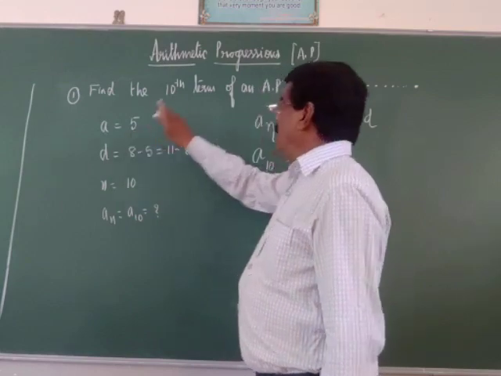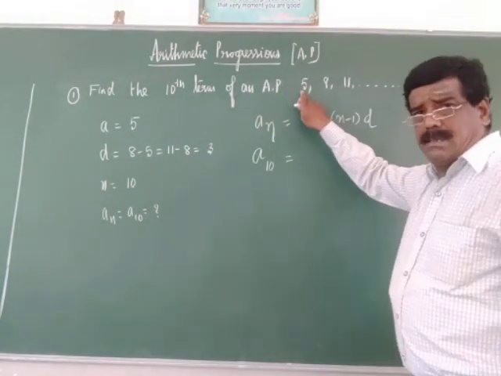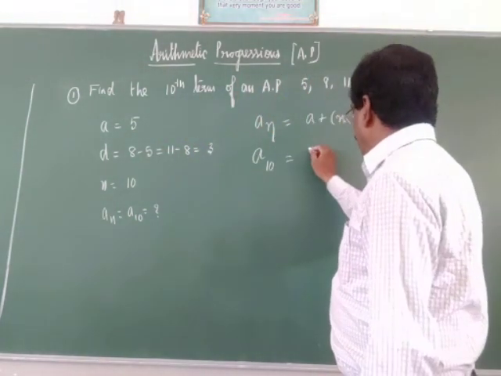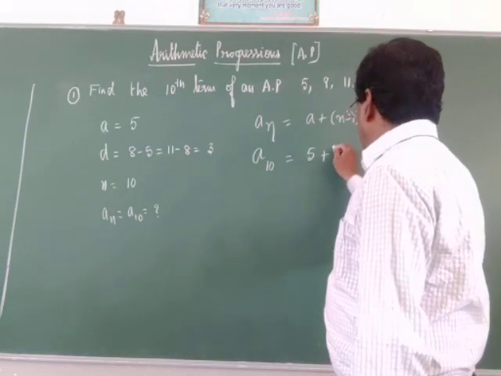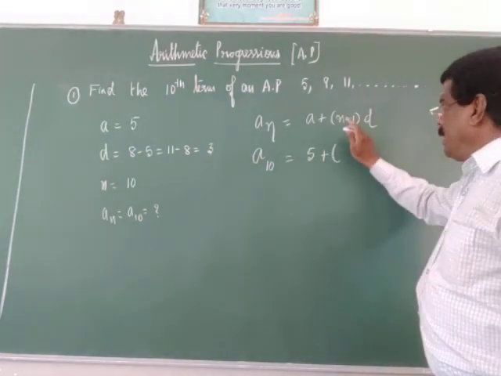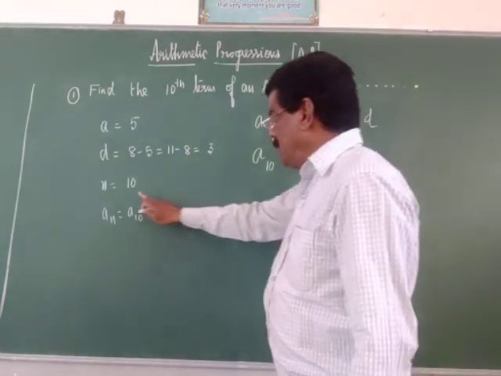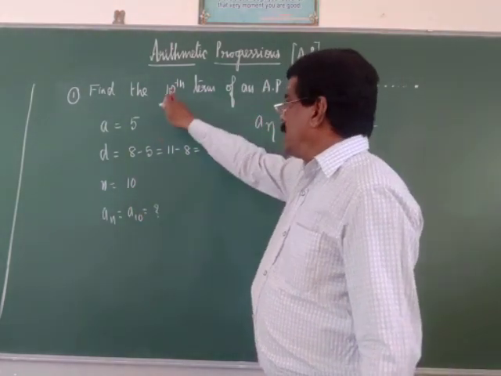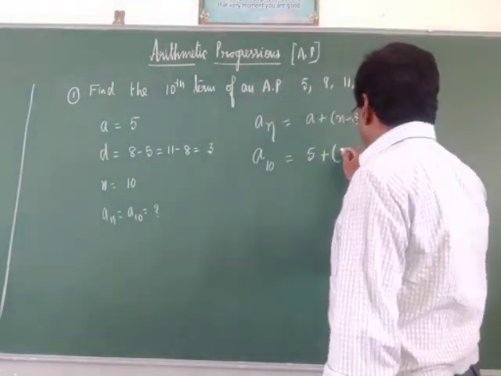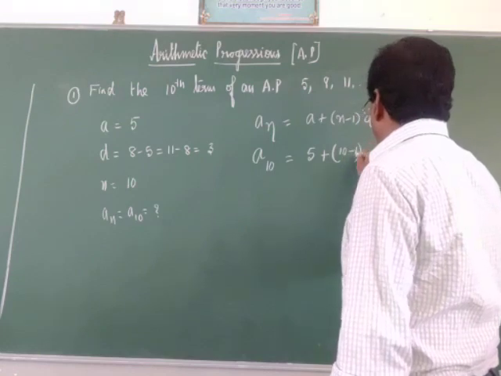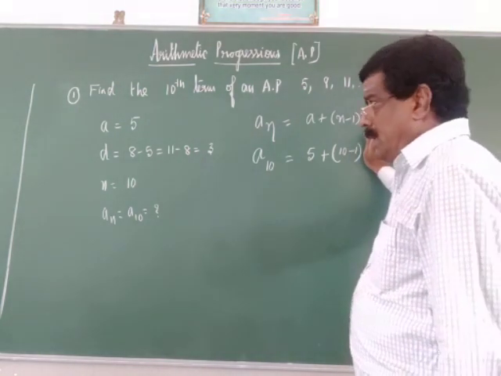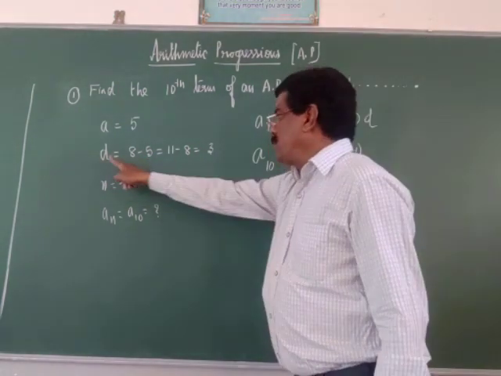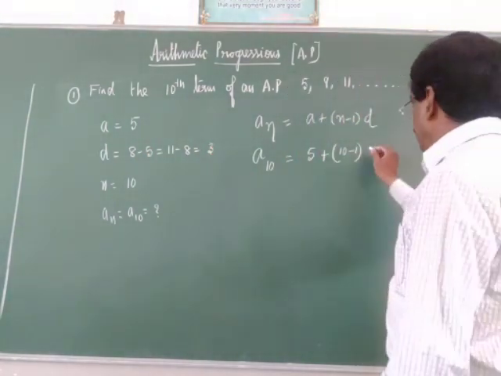Already written in the data. Plus bracket, again here N means 10, which is in the question. Just write down 10 minus 1 into D. D means the difference, which we found already. It is 3.